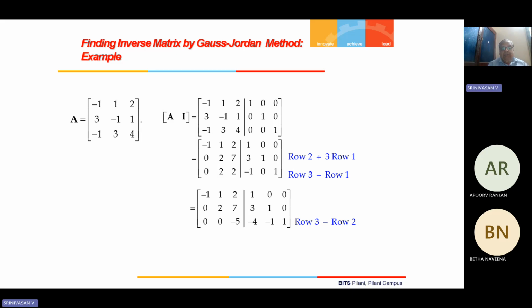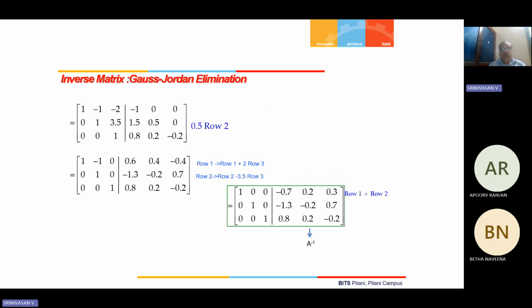So what we will do now, before we go to do that, you can ensure that if there is 1, it is better here in the very first row, first column. If it is anything other than that, you can have some simple multiplication or division, whatever it is. So you have minus 1 here. If it is becoming plus 1, that's better, isn't it? So multiply through this row by minus 1. So you get 1, minus 1, minus 2, minus 1, 0, 0.